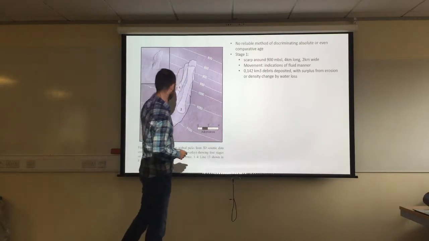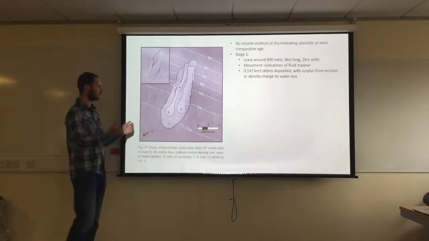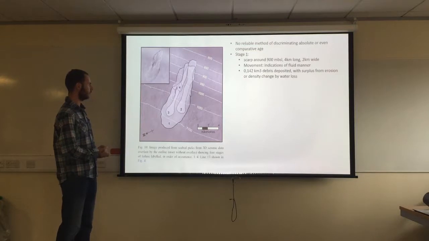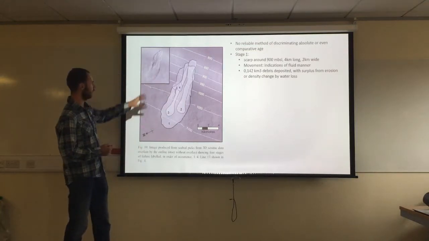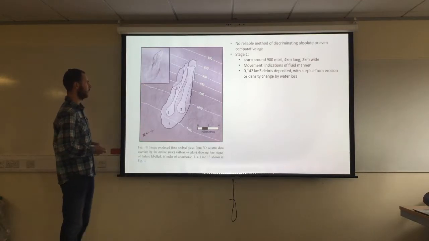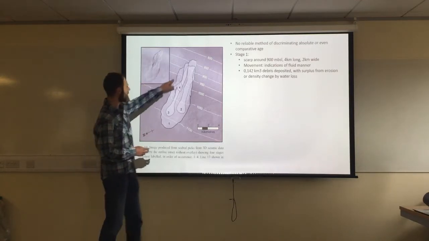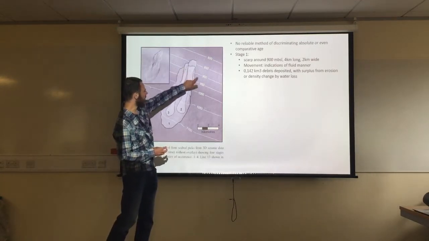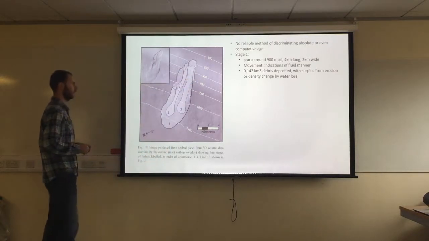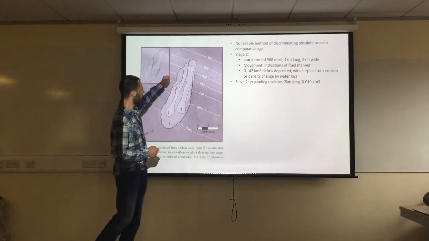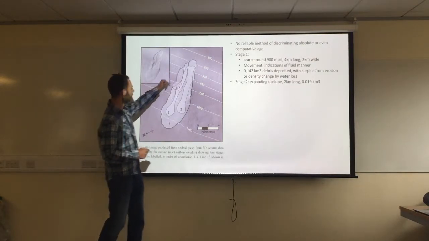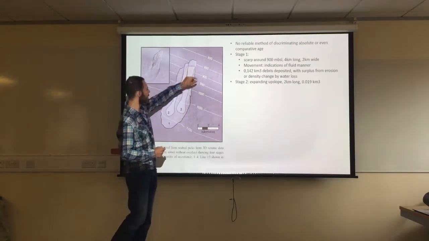So the first step was the biggest one, which is almost 4 kilometers long, and which created this huge lobe. As far as they pointed out in the seismic study, the original scar would have been somewhere 900 meters below sea level. And then in the second stage, another scar was created a bit higher, at around 850.